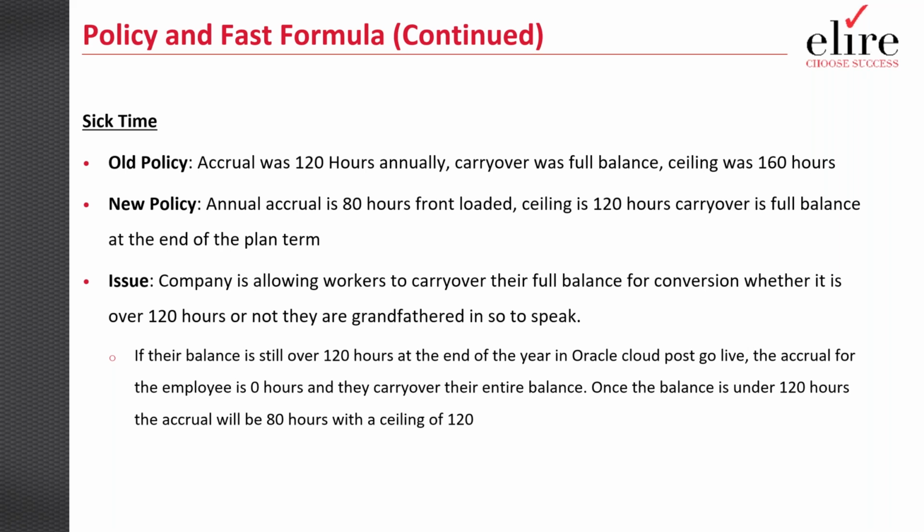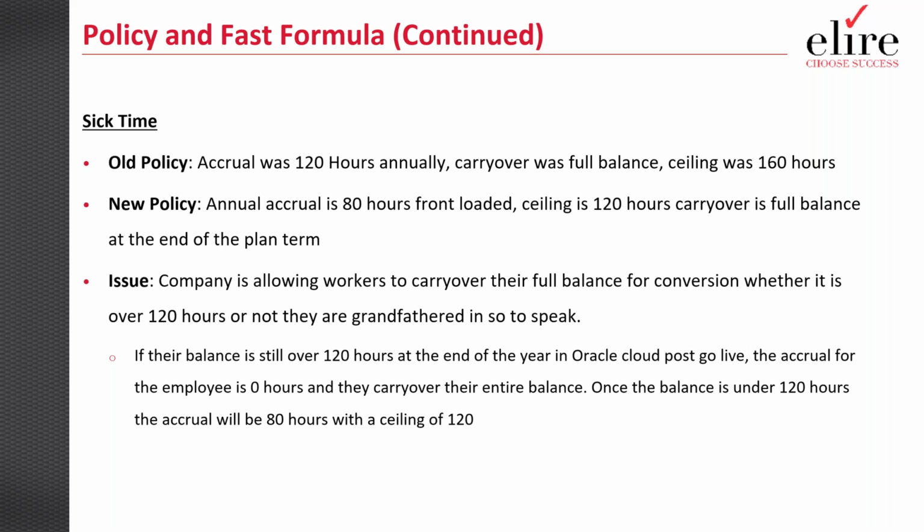So they were changing their policy from 120 hours being accrued annually and having a full carryover to having 80 hours accrued annually, and then the full carryover as well, but the ceiling went down to 120 hours.